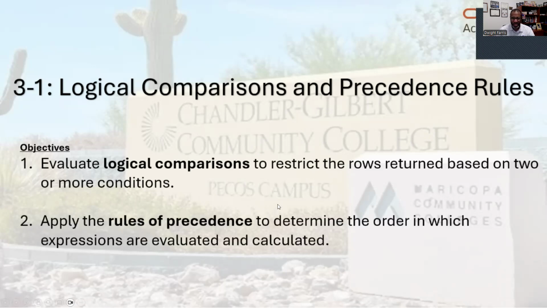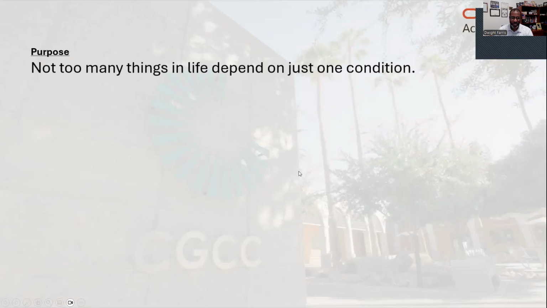Apply the rules of precedence. Rules of precedence, remember, say in what order things occur. With expressions, evaluations and calculations, it can be important to know how these expressions are evaluated.